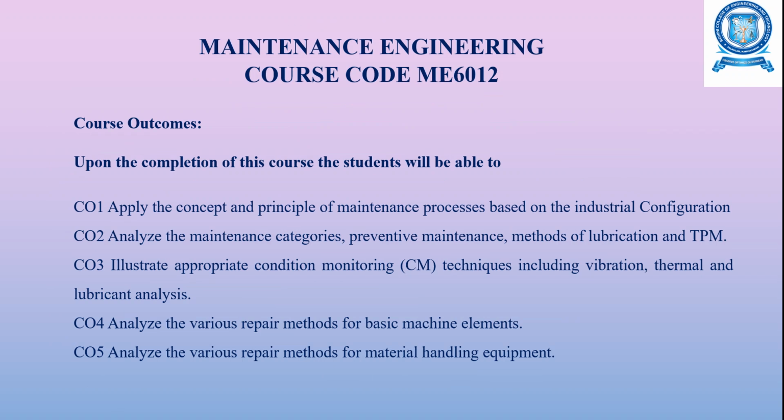From Unit 3, the students will be able to illustrate appropriate condition monitoring techniques, including vibration, thermal, and lubrication analysis. And the students will be able to analyze the various repair methods for basic machine elements upon completion of Unit 4, and for material handling equipments on completion of Unit 5.